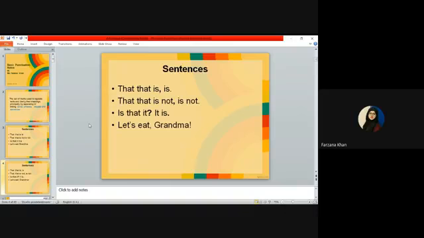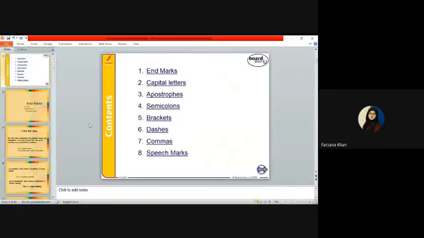Well, let's learn about the rules of punctuation. These are the punctuation marks. First of all, the end marks. Second, capital letters. Keep in mind that capital letters also come under the category of punctuation. The third, apostrophes. The fourth are semicolons, brackets, dashes, commas, and speech marks.